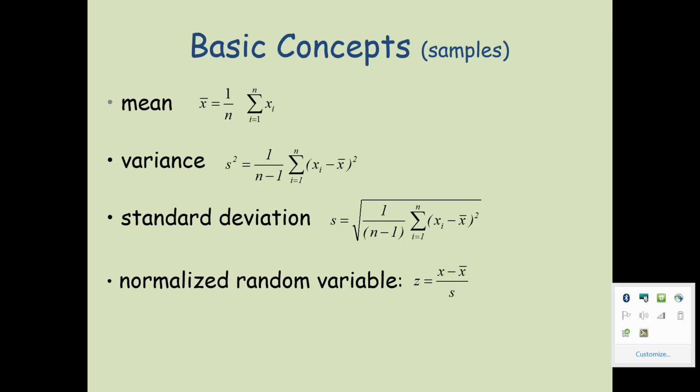And the standard deviation is the square root of s squared, which is s. And then the normalized random variable, as with the population values, would be z equal to x minus x bar divided by s. That gives you a non-dimensional random variable, z.